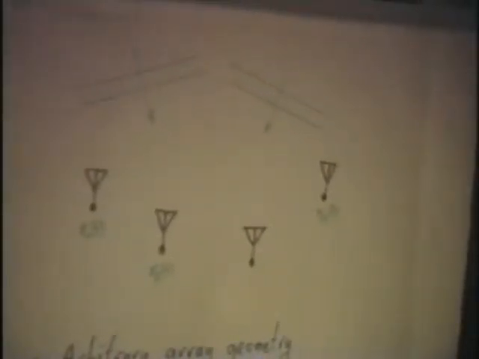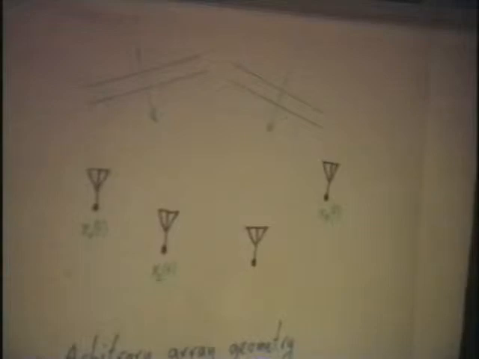These can be seismic sensors, electromagnetic sensors, or acoustic sensors, and we have sources, which are point sources, and they are in the far field of the array.